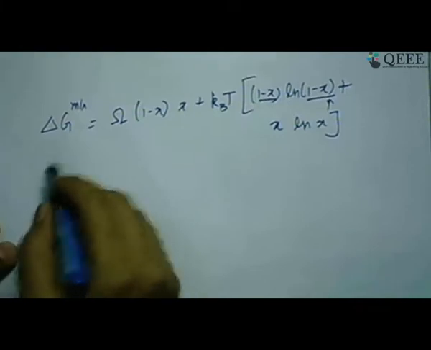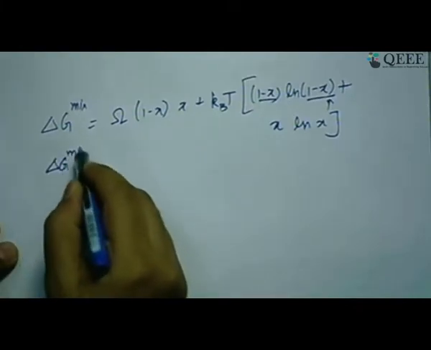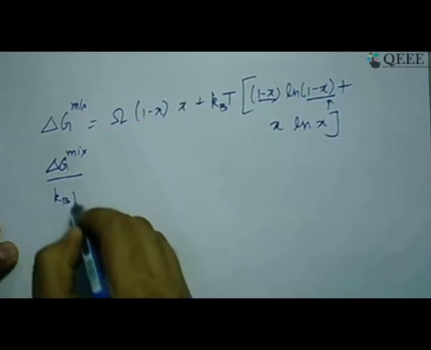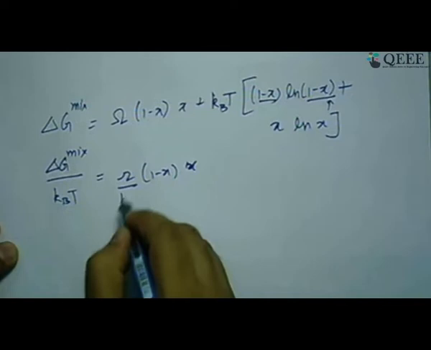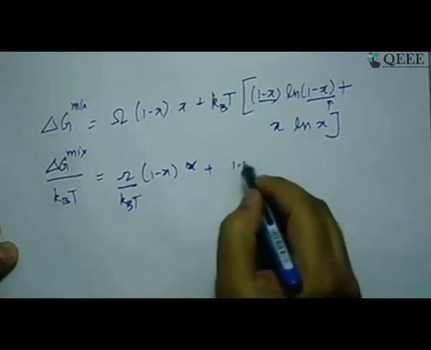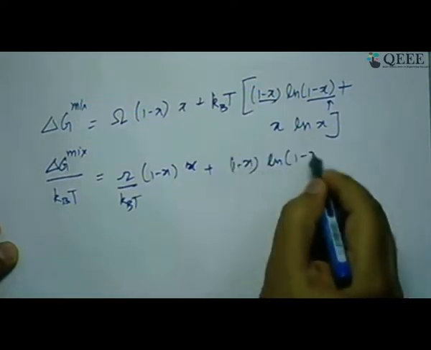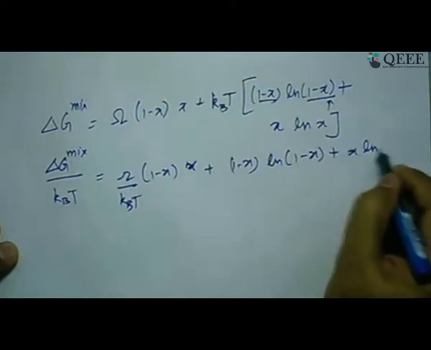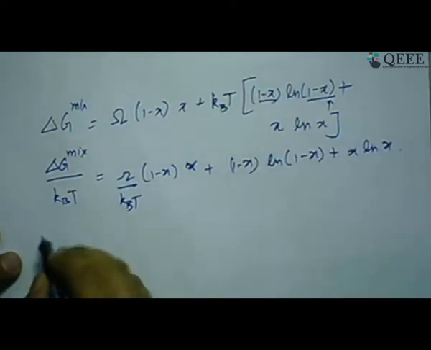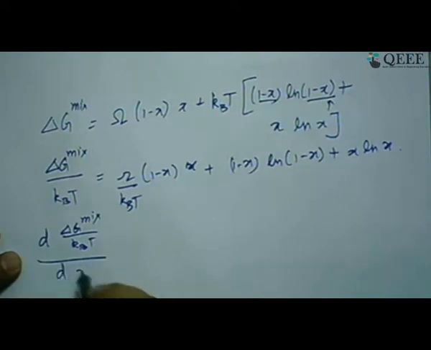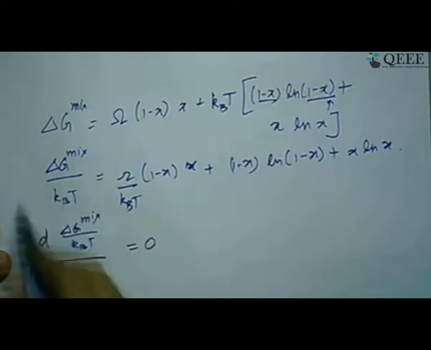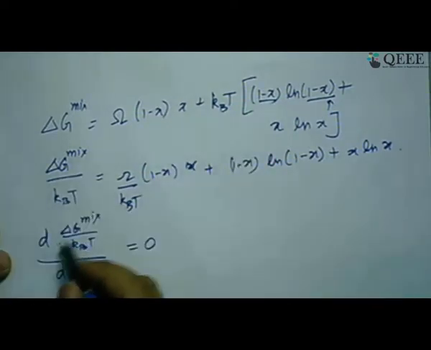The normalized one is delta G mix by kBT equal to omega (1 minus x) into x by kBT, plus (1 minus x) logarithm of (1 minus x) plus x logarithm of x. What we want to do is set d of (delta G mix by kBT) by dx equal to 0, because that is what is going to minimize this quantity.